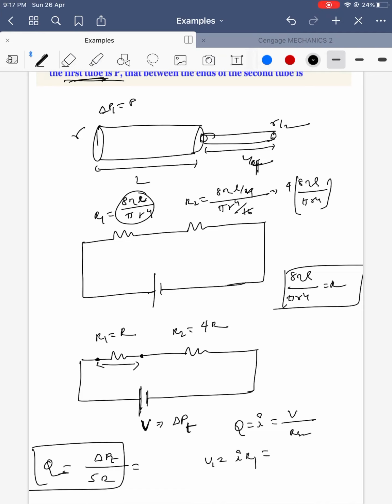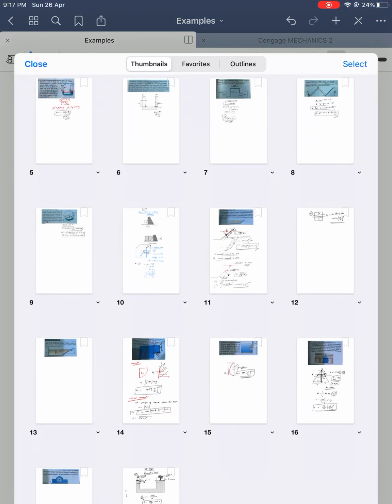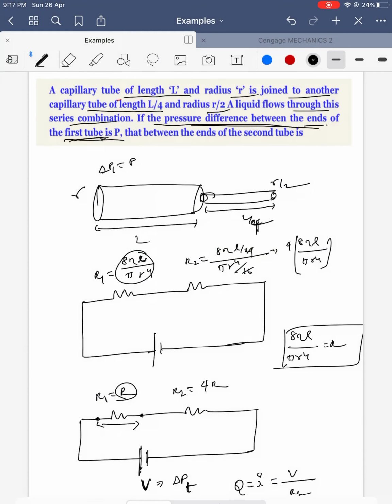I is nothing but Q, which is delta P total by 5R, into the resistance of the first tube, R. It gets cancelled. So delta V1 is nothing but delta P total by 5. We already know the V1 value. The V1 is how much? P. I am doing it a little slowly so that you should understand.